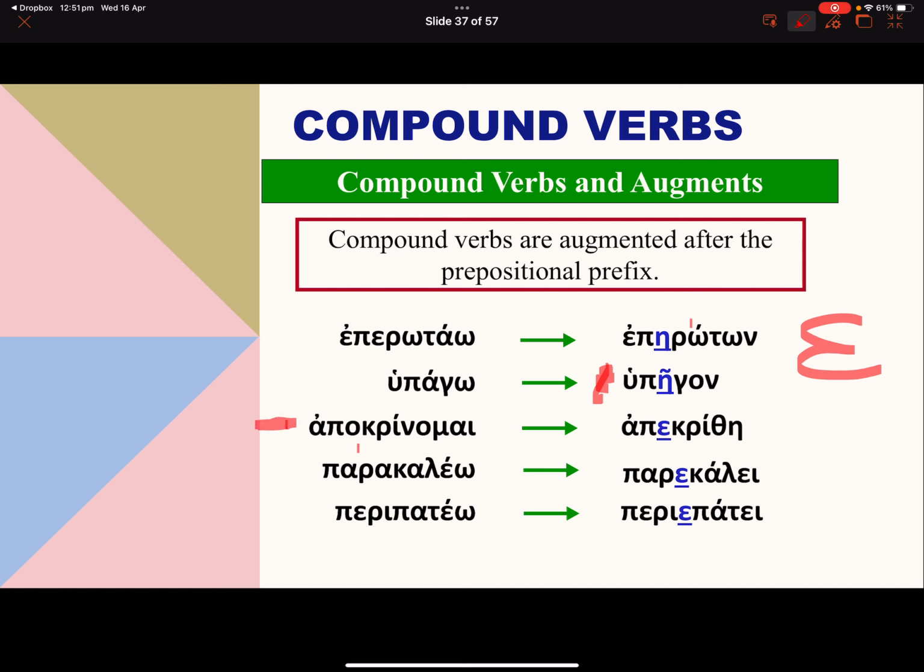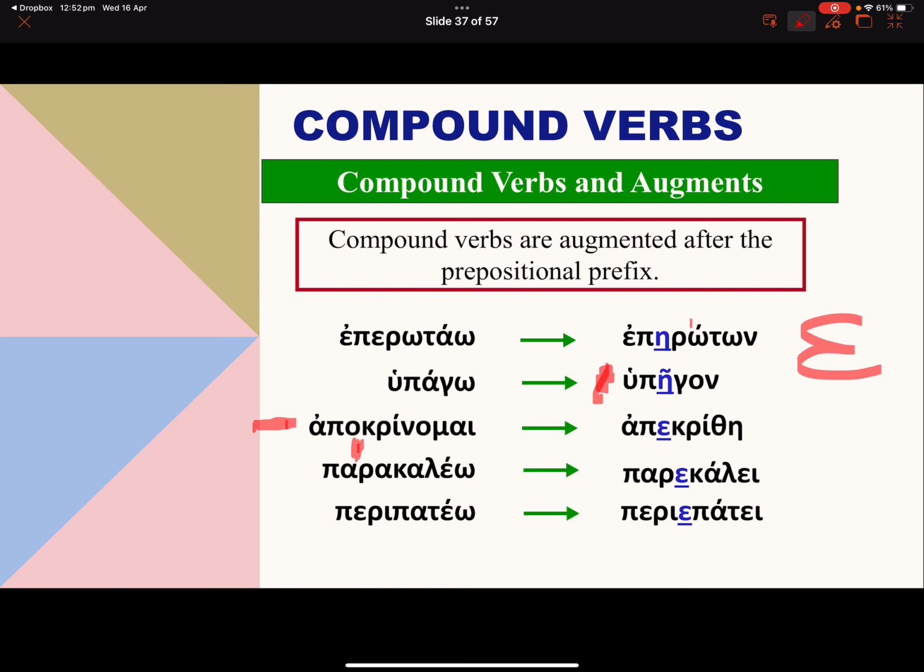So let's take this example here. Apocrinomai, when that goes into the aorist or the imperfect, we don't get an epsilon at the front of the word, but we get our augment, the epsilon, before the main verb, which is krinomai.